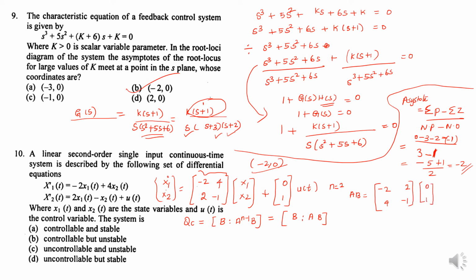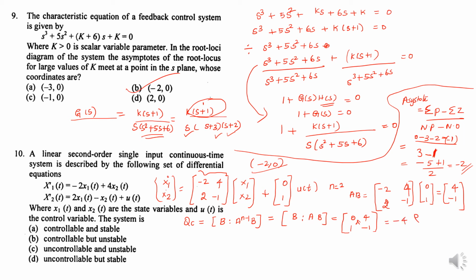Multiply this: minus 2 into 4 multiplied with 0 and 1, we get 4 and minus 1. Here I have to put the values: B is equal to 0, 1, 4, minus 1. So now I have to multiply this. I get the value that is minus 4.